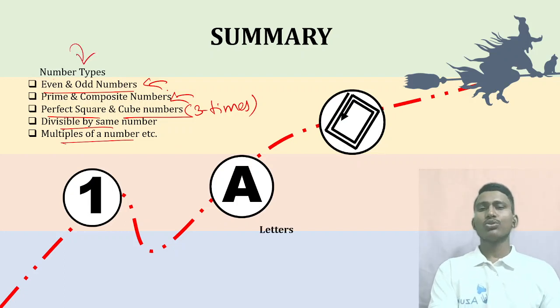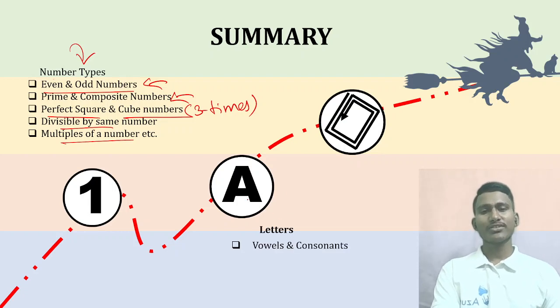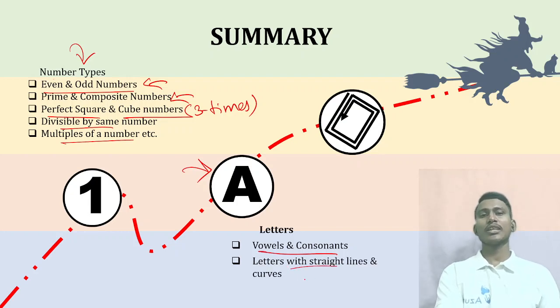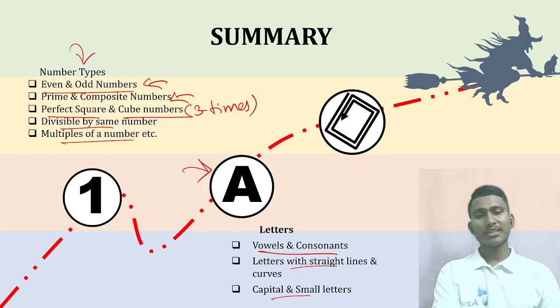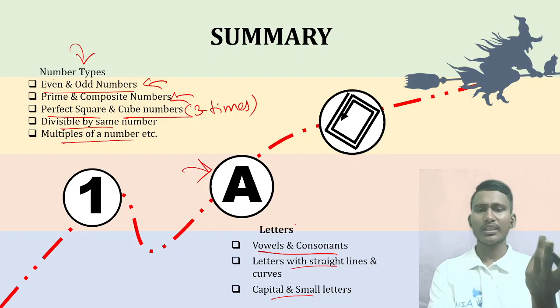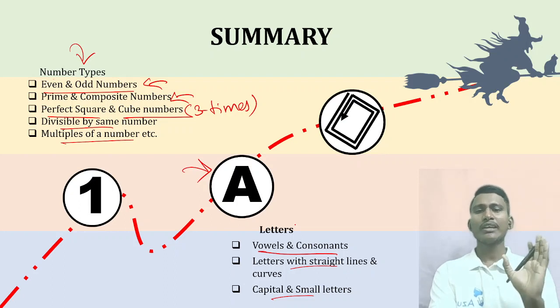Now let us see the letters. We have seen the consonant and vowel example, right? It can be consonant or vowel, or letters with straight lines and curves, or capital or small letters. It can be more than that also. We just have to observe and identify.